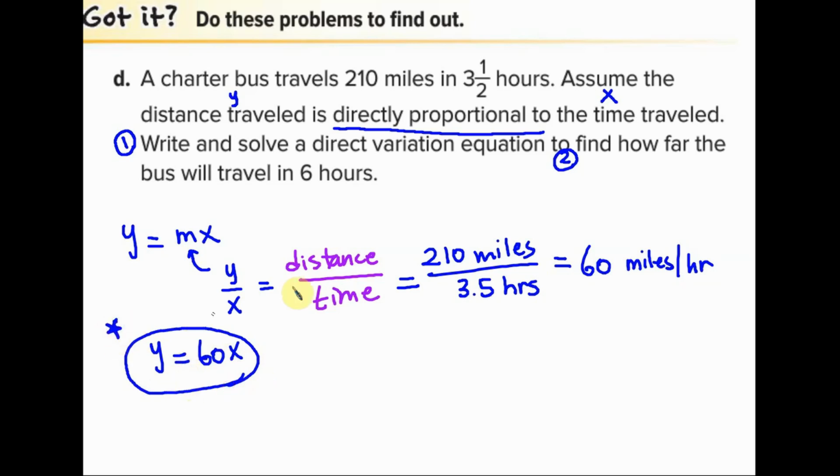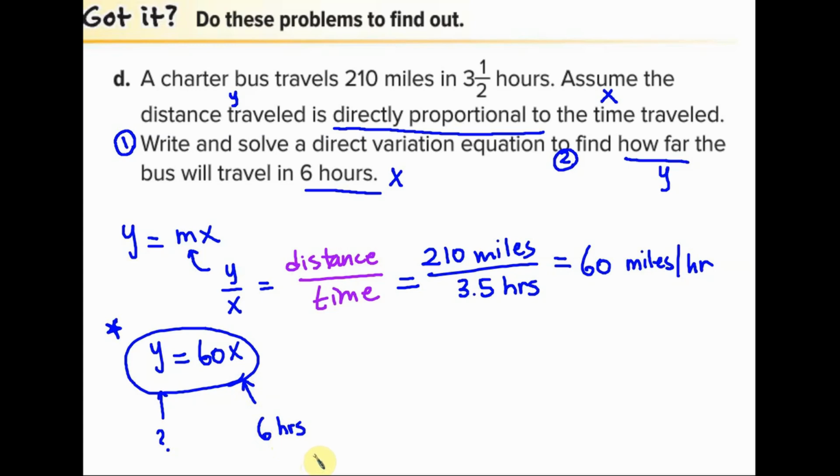Now they're asking, how far will it travel for 6 hours? Again, when I'm talking about the hours, that's the unit of the time, so that can be represented by x. If I want to know how far, that's the miles that they're talking about, so I'm going to write that as y. So I want to know how far this bus is traveling when it's driving 6 hours.